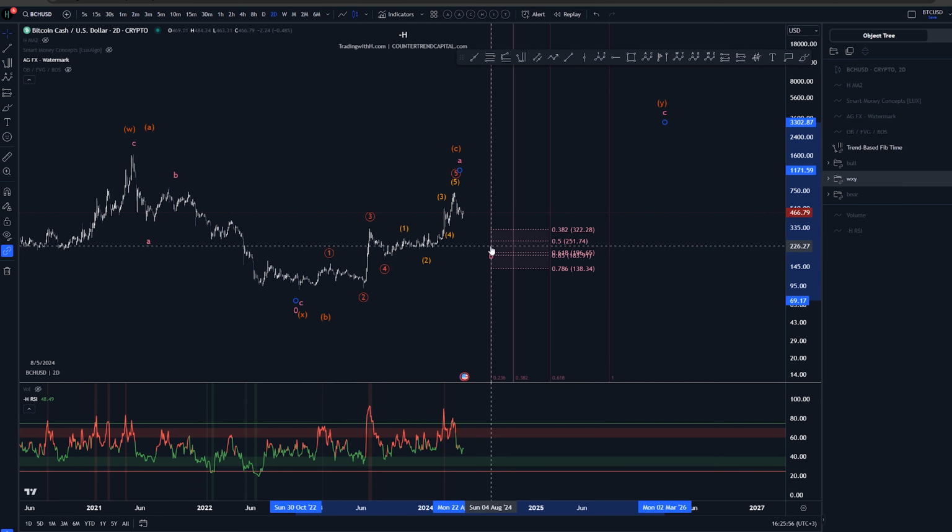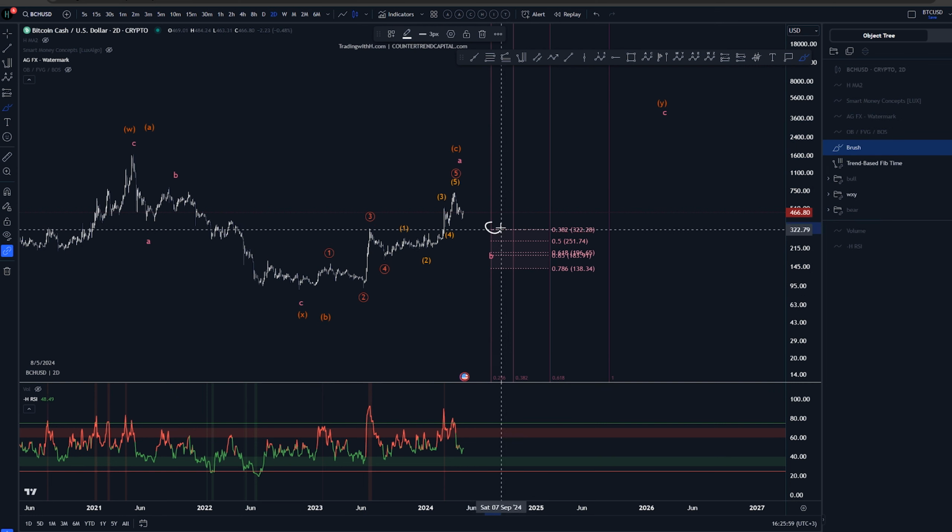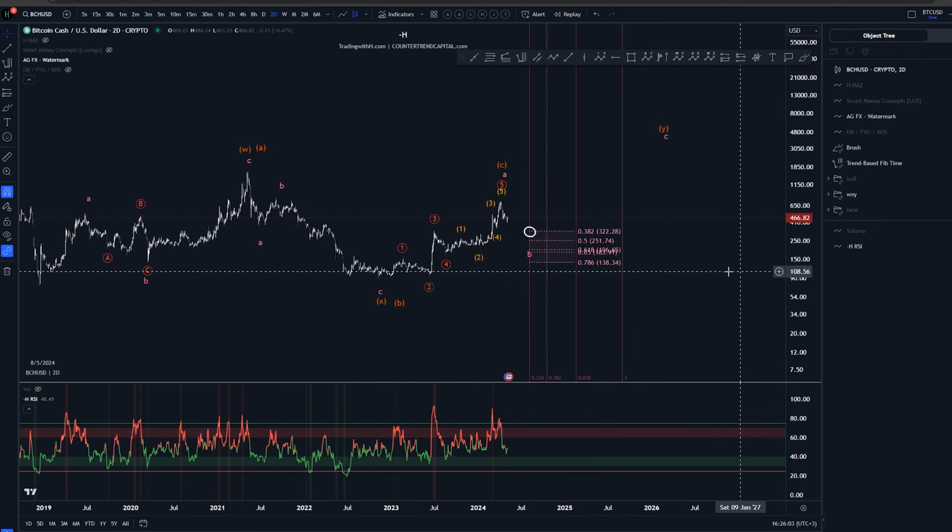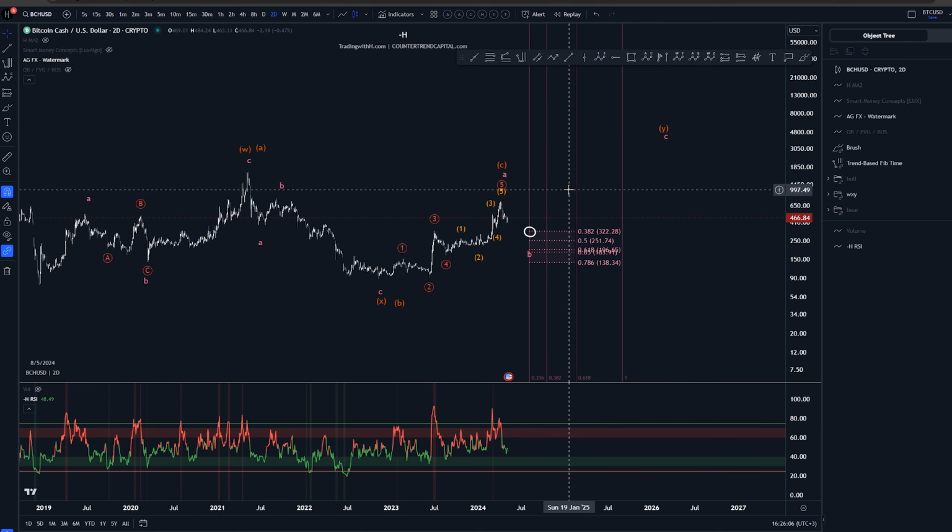So that would be August 2024, closer to the end of the year. So this would be the earliest I would expect this whole thing to be going for.